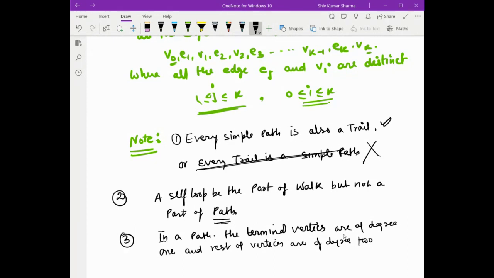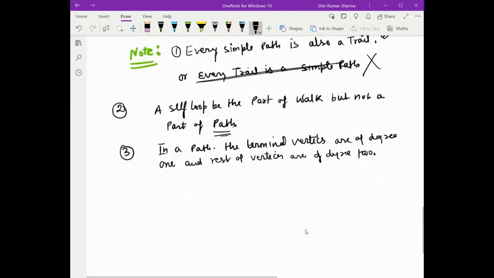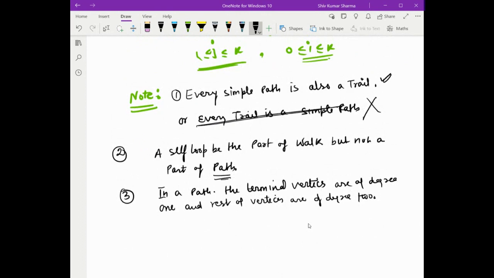So these are three important points. We have to remember them, relating path, trail and walk. And you noted, Akansha, Namika, Payal.